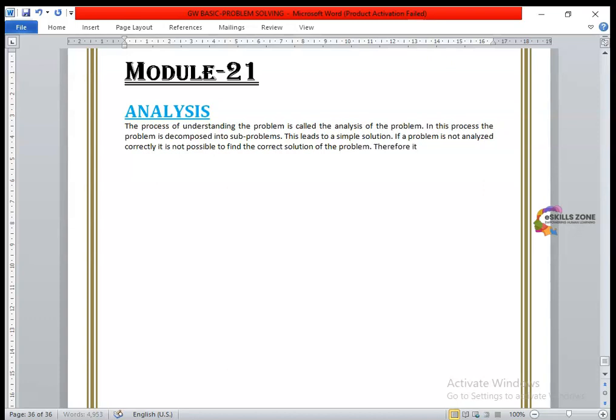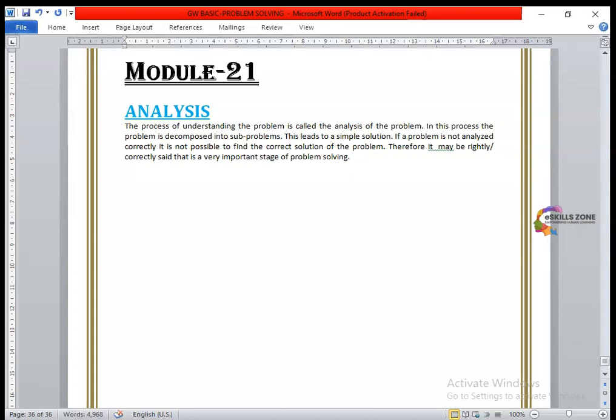Therefore, it may be correctly said that it is a very important stage of problem solving.